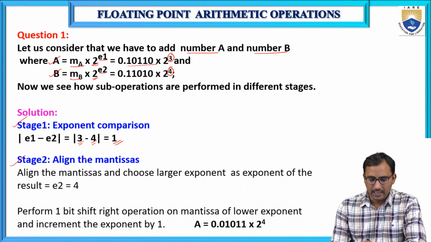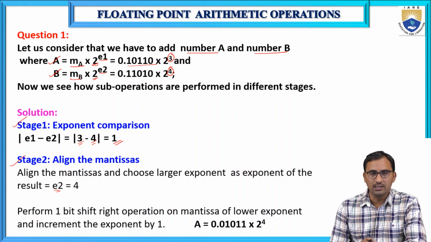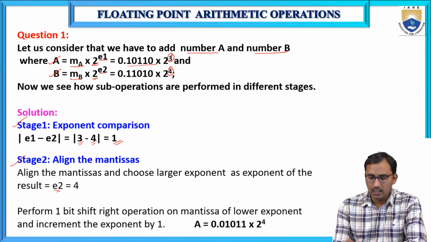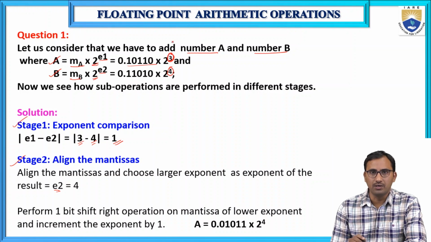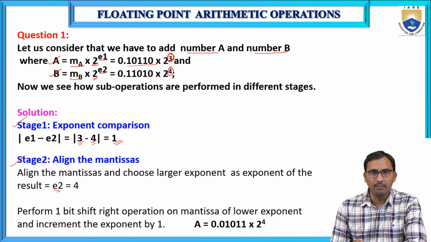Stage 2 is to align the mantissas and choose the larger exponent as the exponent of the result, E2. Once we compare the exponents, we need to align the mantissas, considering the exponent of the larger number as the exponent of the result. To make the exponent of the first number 4, we need to perform a 1-bit shift right operation, and when we perform a shift right operation, the exponent value is incremented by 1.